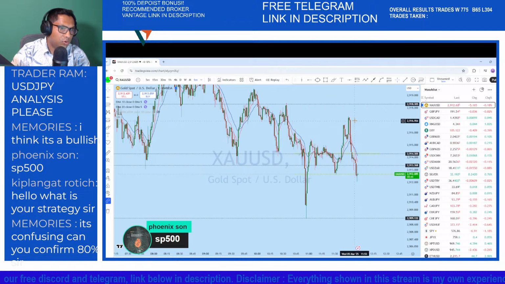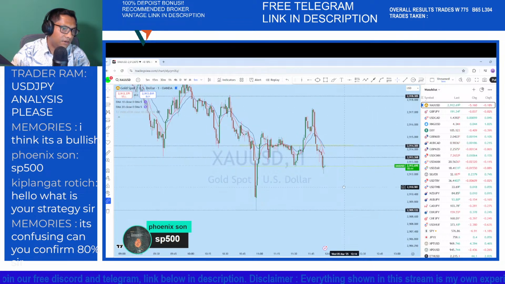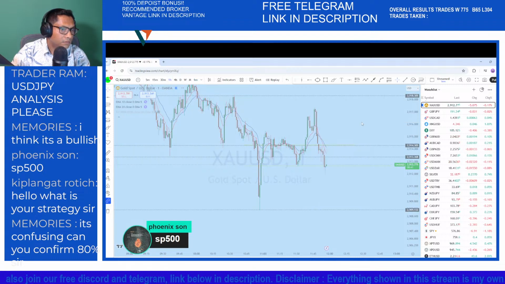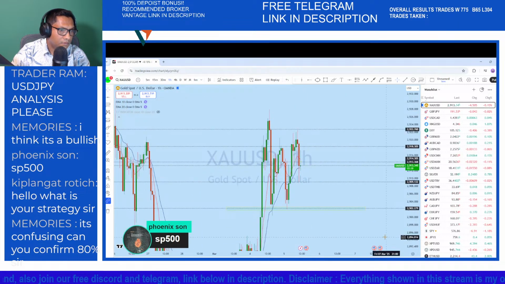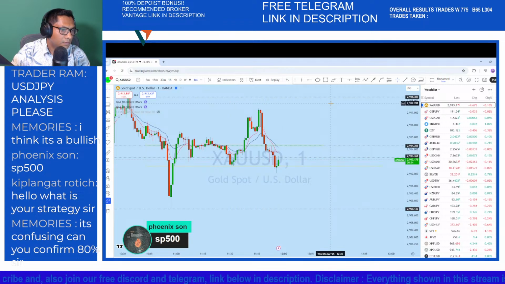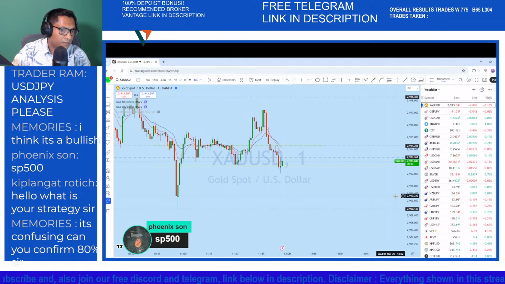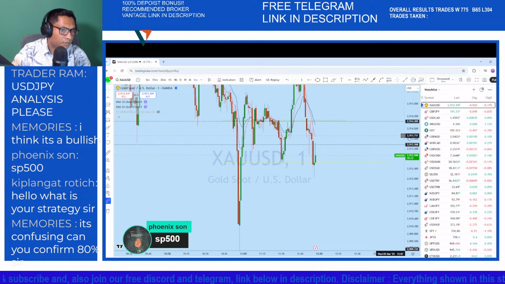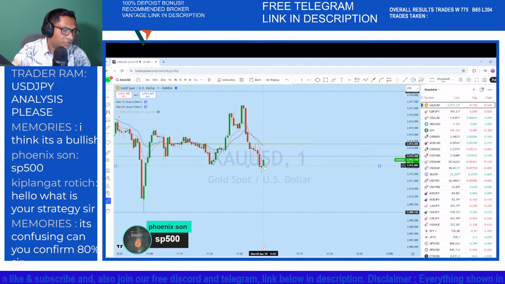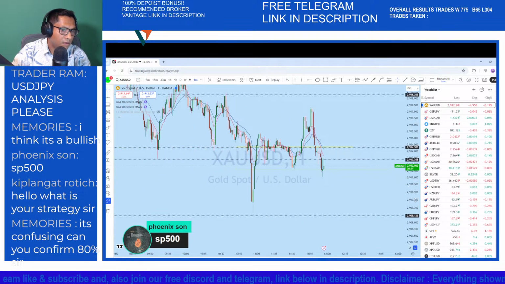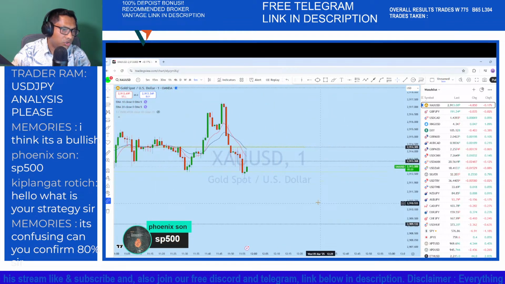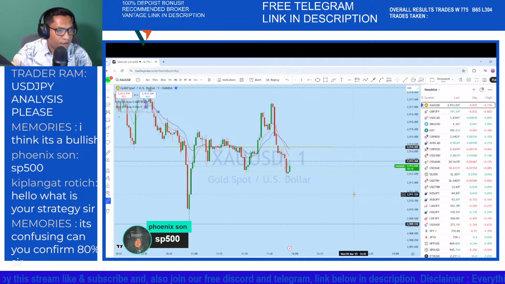So this breakout was a liquidity grab here. The market here, after this doji, we can see a bullish structure in that area.